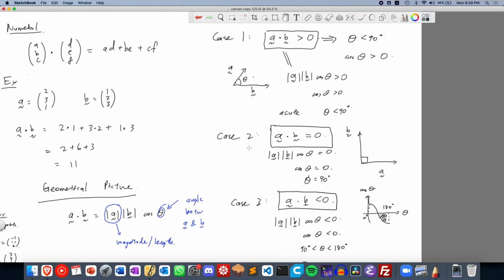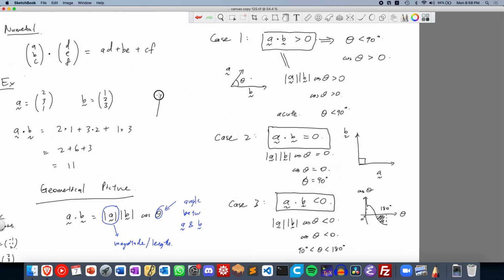So another way to think about it is, besides just giving us the angle, the dot product also gives us information about how similar the direction of two vectors are. If they have some similarity in direction, in the sense that if you project one of them down onto the other, then the angle between them is acute, and the dot product is going to be positive.